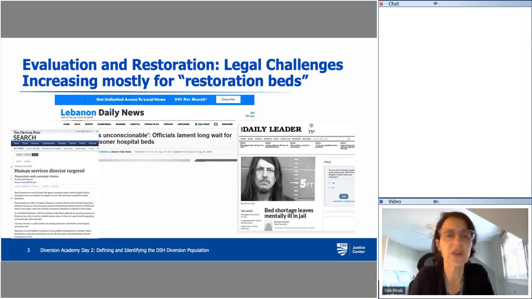Lots of different things have been done to try and build out new places, more places for restoration to occur. But I think the real heart of the matter is thinking about diversion as the solution, to have only those people who need competency services placed in that pathway. Next slide.